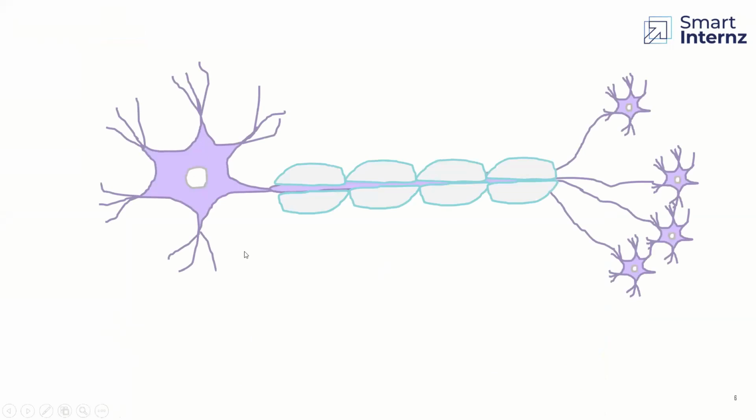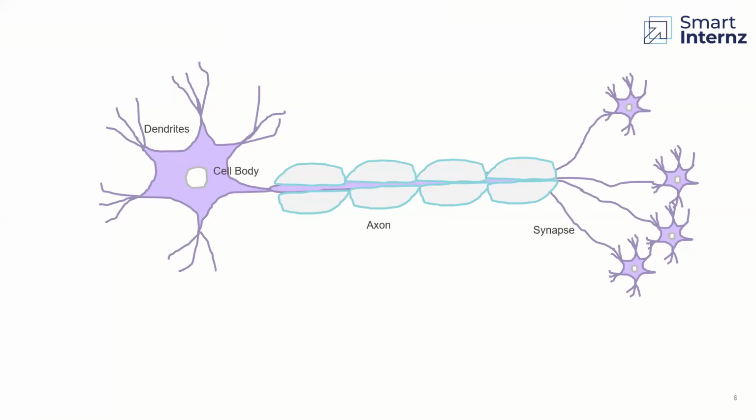Here you can see the structure of biological neurons, where we have dendrites in a brain neuron, the cell body, the axon, and synapses. This is basically an example of a biological neural network, with dendrites, cell body, axon, and synapse.